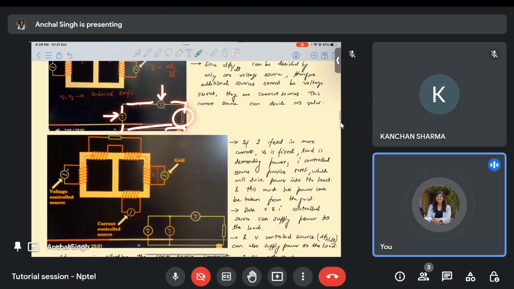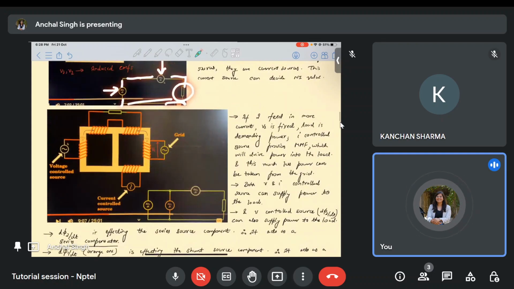Now, to this scenario, if I want to connect something else here, it cannot be a voltage source. Why? Because in a particular loop, since it's a series loop, only one rate of change of flux can exist. Multiple cannot exist. Like we cannot connect two voltage sources in parallel and two current sources in series. Similarly, we cannot connect another voltage source in this particular loop.